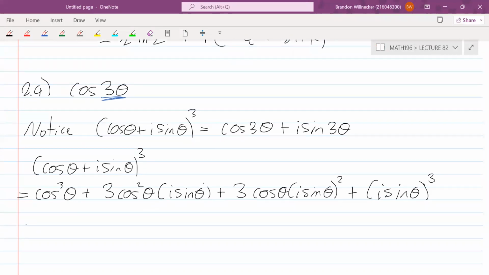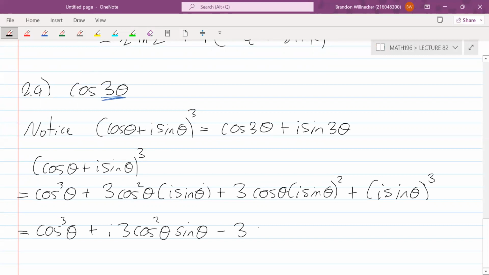Okay, now we can simplify the i squared and the i cubed. So we're going to have cos cubed theta plus i 3 cos squared theta sine theta. And then the i squared is minus, so minus 3 cos theta sine squared theta. And i cubed is minus i, so we have minus i sine cubed theta.